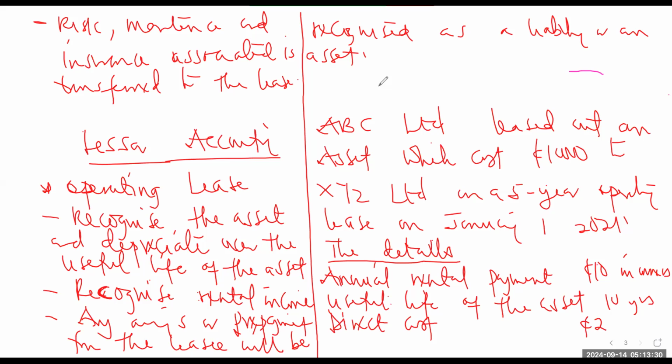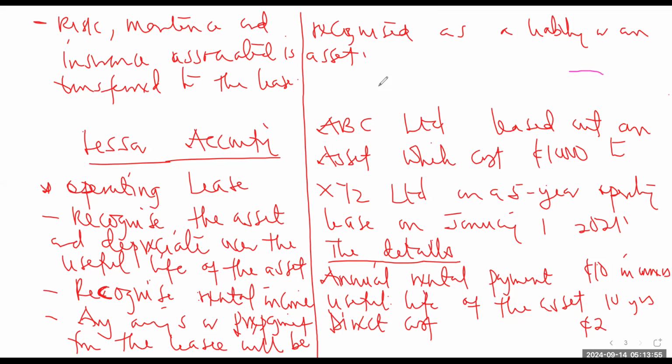Any of them is the one incurring the direct cost. The financial year of the company is December each year. So how do we account for this? Let's come to the lessee first. When there is an operating lease, how does the lessee account for the operating lease and even the direct cost?